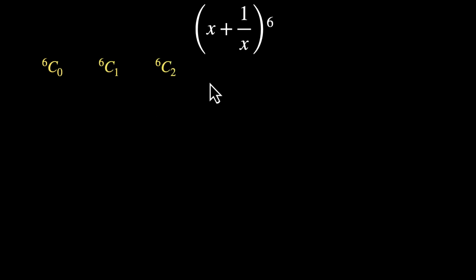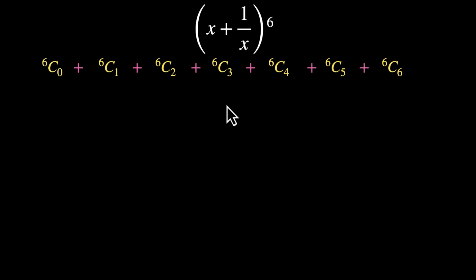So let's do that. (x + 1/x)^6. n is equal to 6 here. So we'll have the coefficients as 6C0, 6C1, 6C2, 6C3, 6C4, 6C5, and 6C6. We have 7 coefficients, 7 terms, because 6 + 1 is 7. We'll add all of them up because of the summation.